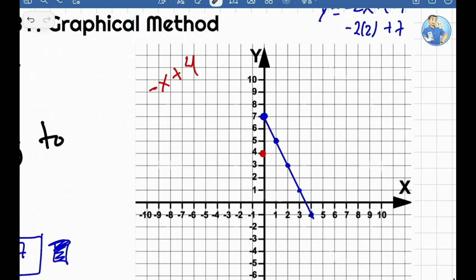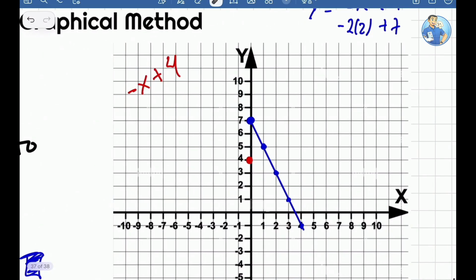The number next to the x. This is like minus 1x, like an invisible 1. So for every single unit horizontally, it's going to decrease 1 unit, because the slope is negative 1.